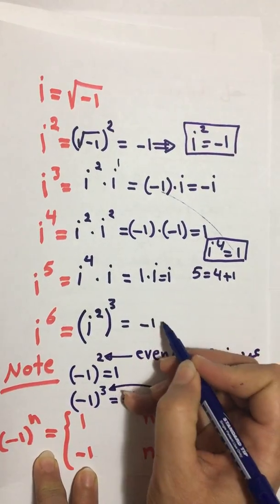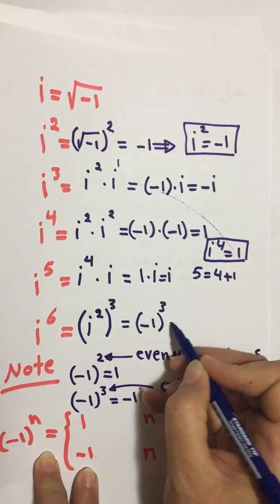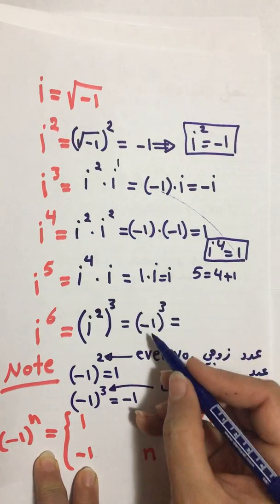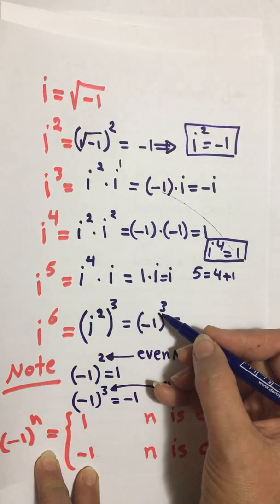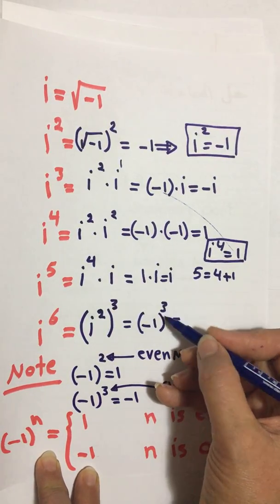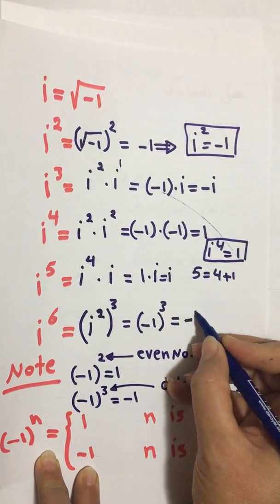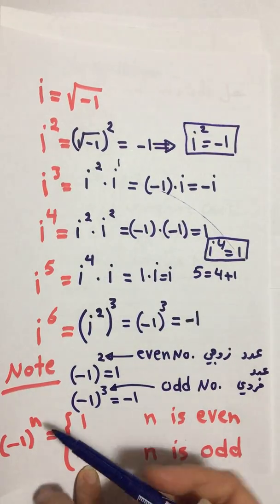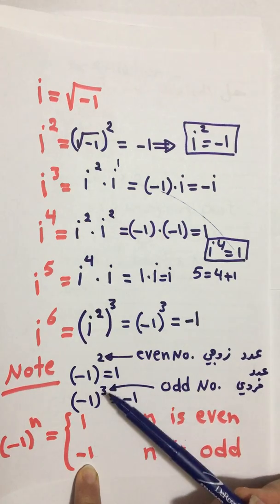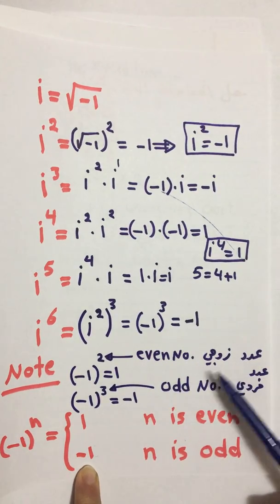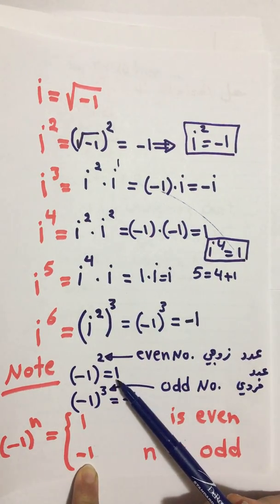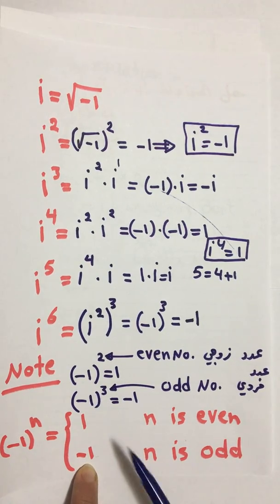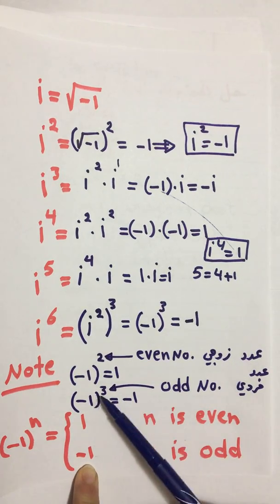So I can have negative 1 to the power 3. The power is an odd number, so we're going to keep the negative. Note, negative 1 squared, with an even power, equals 1. Negative 1 to the power 3 equals negative 1 because 3 is odd.